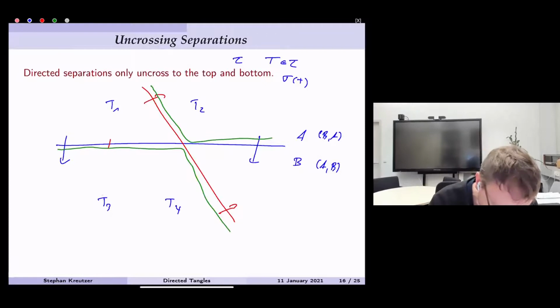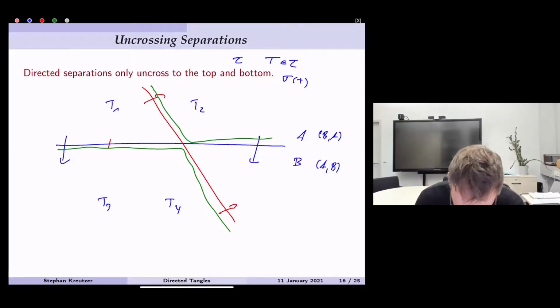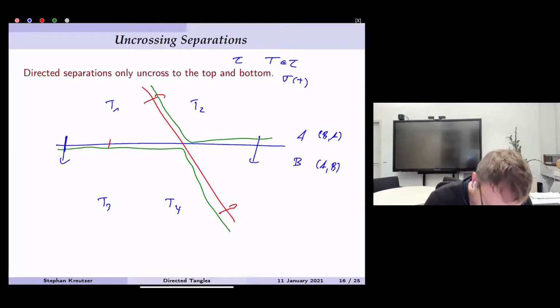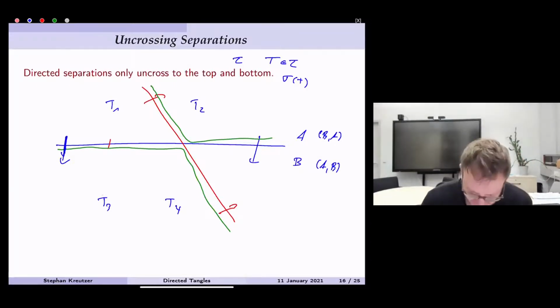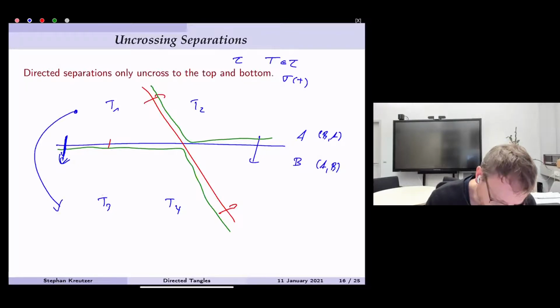Yeah, and I should also, I guess, explain my notation here in the drawing. Remember that in directed separations we have cross edges, and these things here always symbolize the direction you would allow cross edges. So in the separation AB, we can have an edge that goes from a vertex on top to a vertex on bottom, but then if you want to go back, you would need to intersect a vertex in this separator.